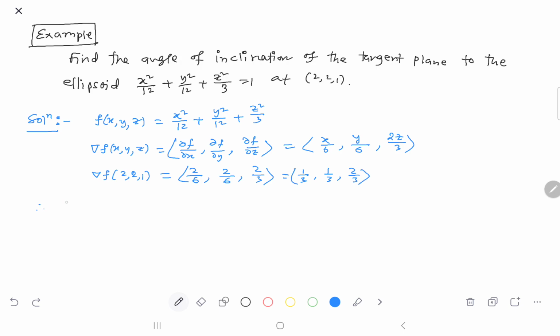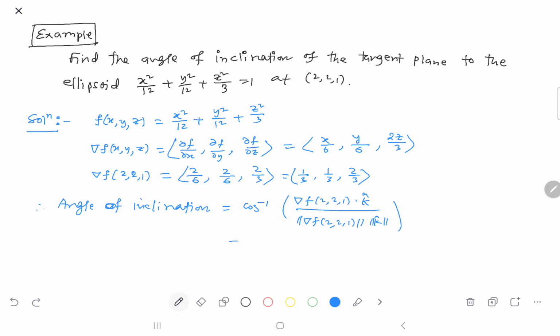So the angle of inclination equals cosine inverse of, we know we have to take the dot product of this with k cap, right? So k cap divided by the magnitude of (2, 2, 1) and the magnitude of k cap.